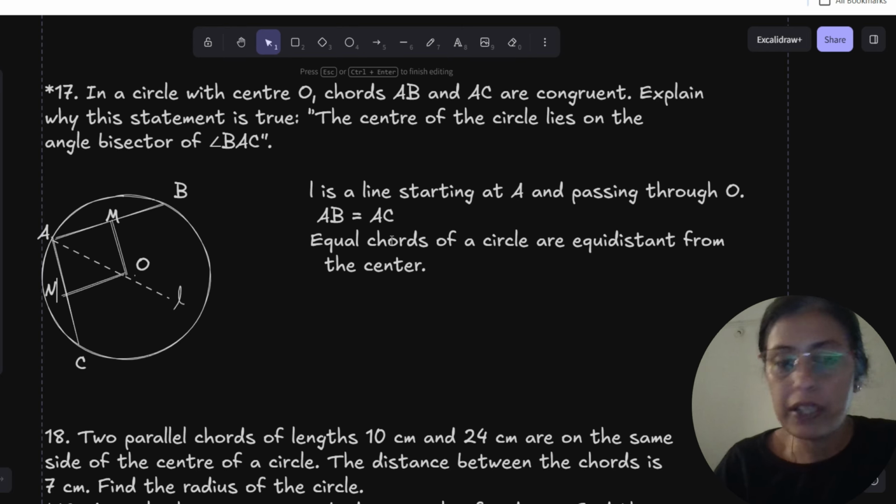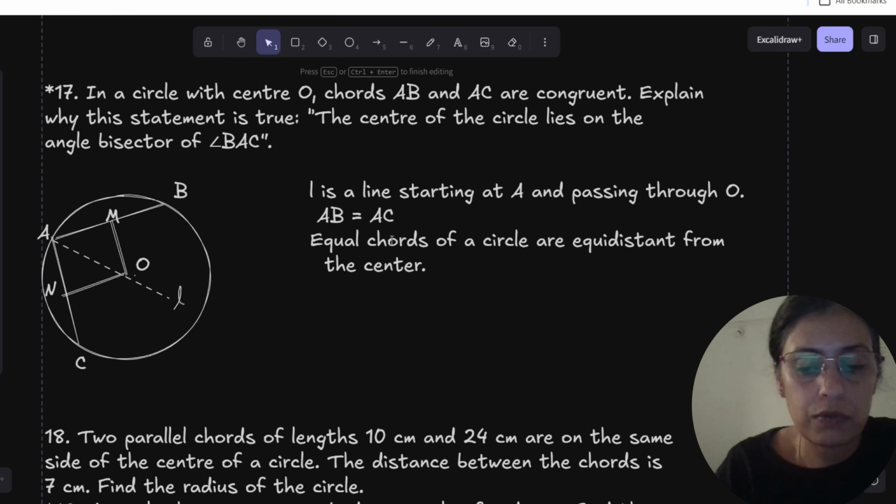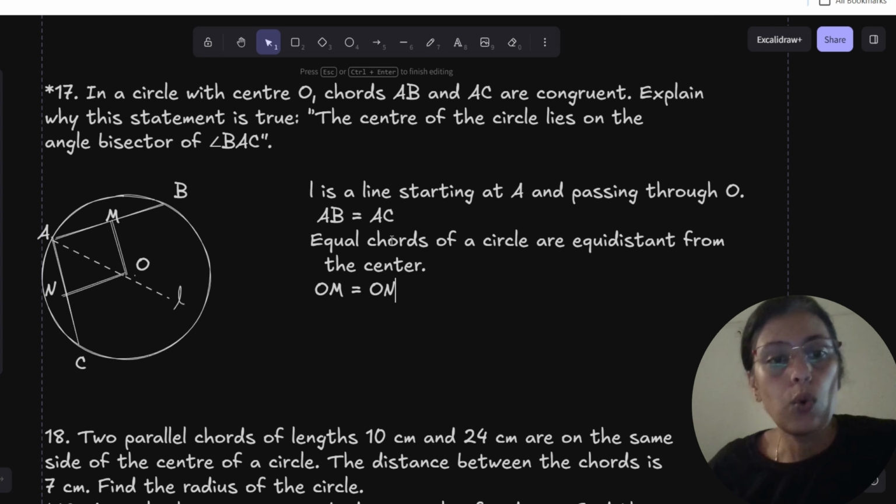This is one of the theorems, right? So I have drawn two perpendiculars. So OM is equal to ON. OM is the distance of the chord AB from the center, and ON is the distance of the chord AC from the center. Because these two chords are equal in length, their distances are also equal, right?